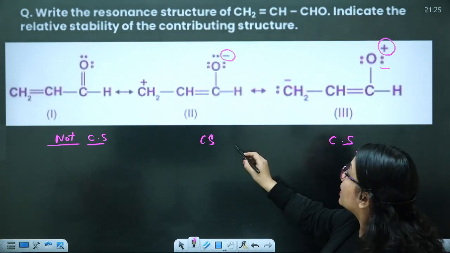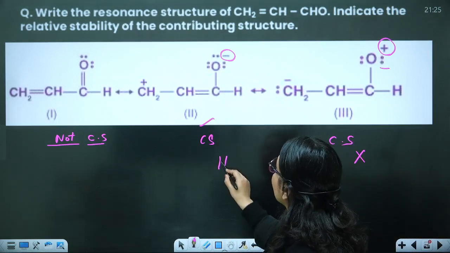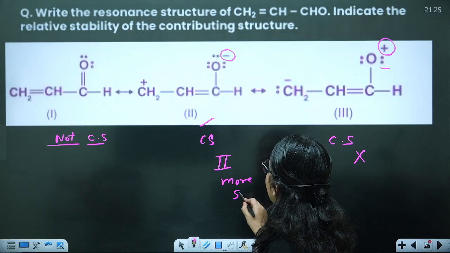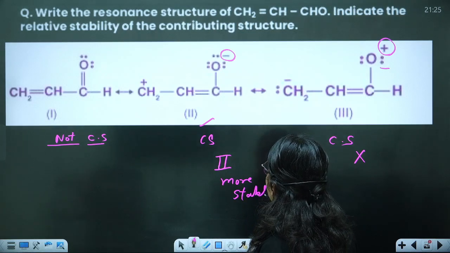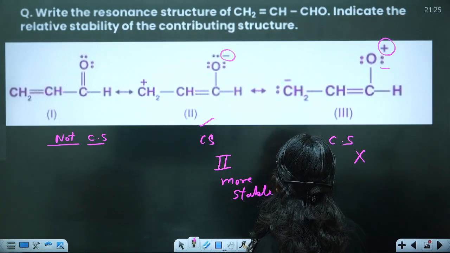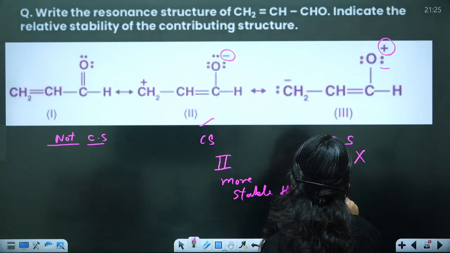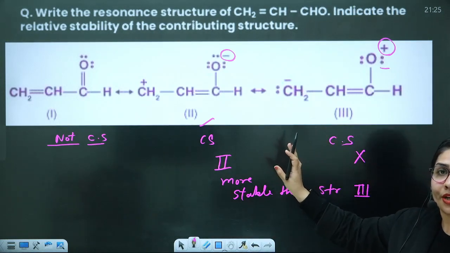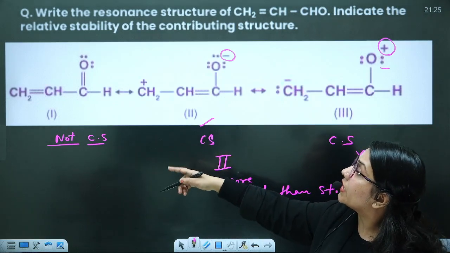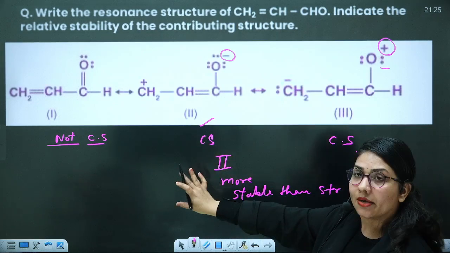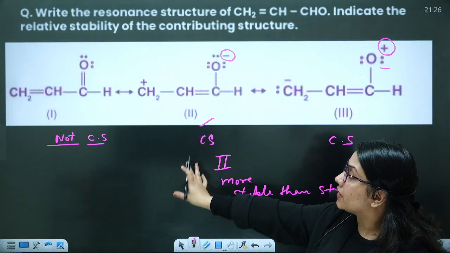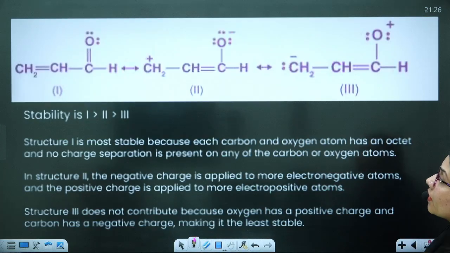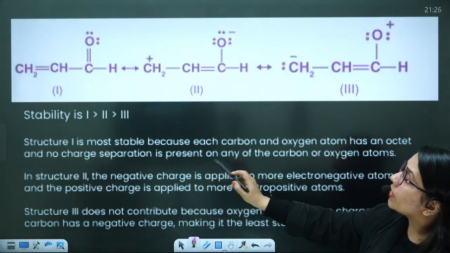It means structure 2 is more stable than structure 3. We concluded this from here. And here we see there is no charge separation, and since there is no charge separation, it will be the most stable one. Now see, structure 1 is the most stable structure.